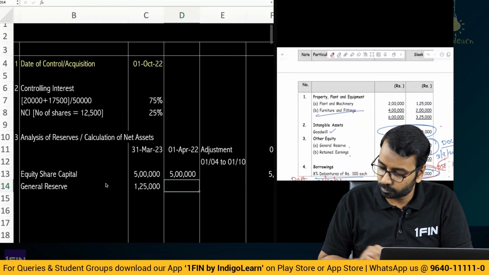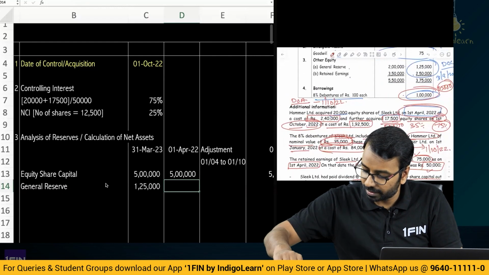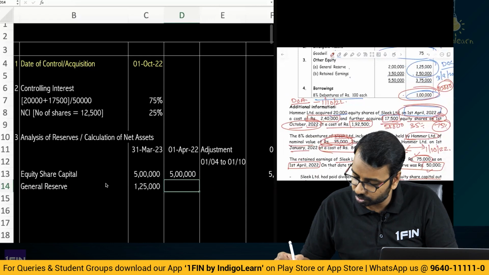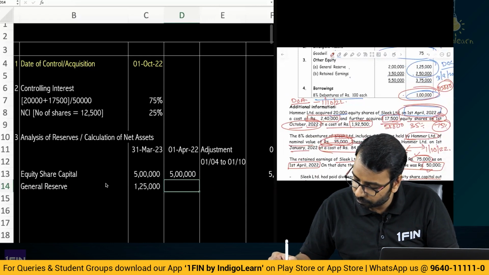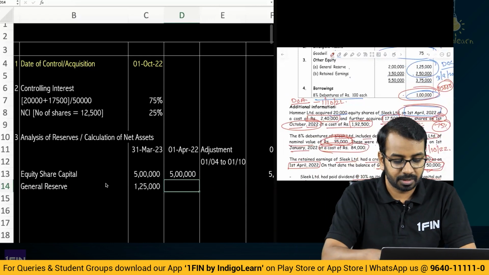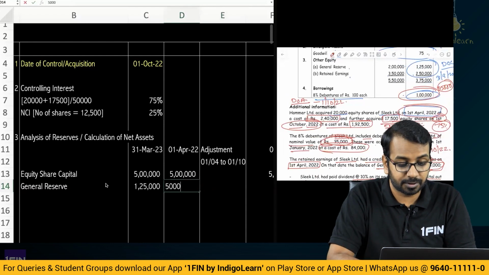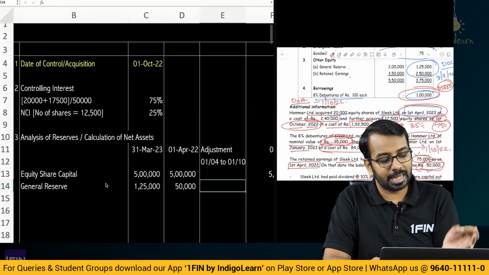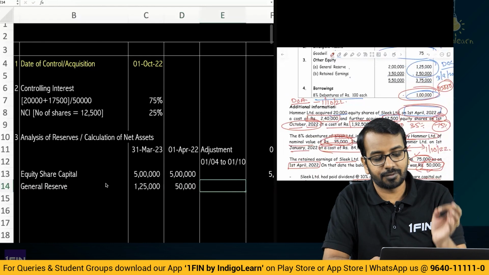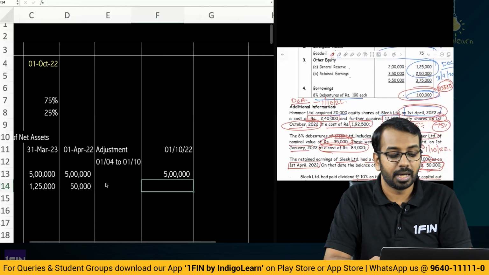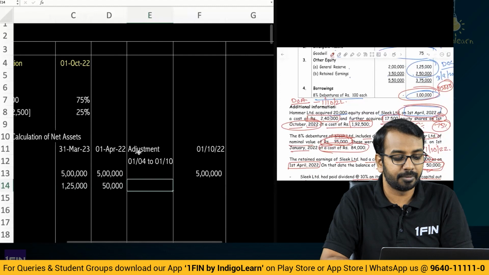Okay, 1,25,000, and on the date of acquisition, the reserve was 50,000. Reserves is 50,000, and on 1st of April reserve is 50,000, right? Now 1,25,000 is the closing balance, 50,000 is on the 1st of April of 22. Means what? How much did we earn in the full period?